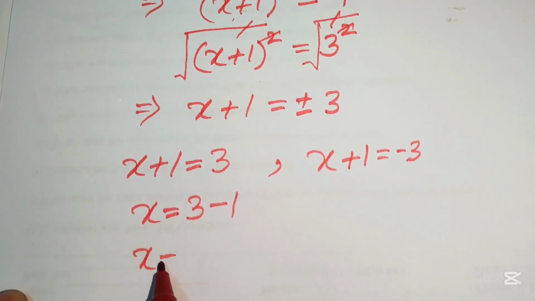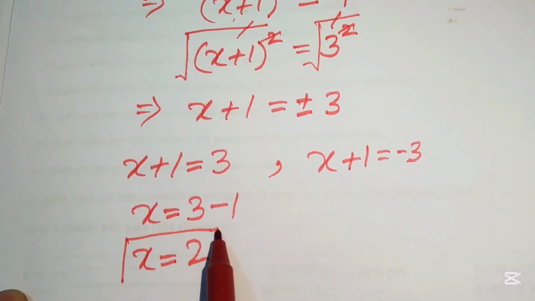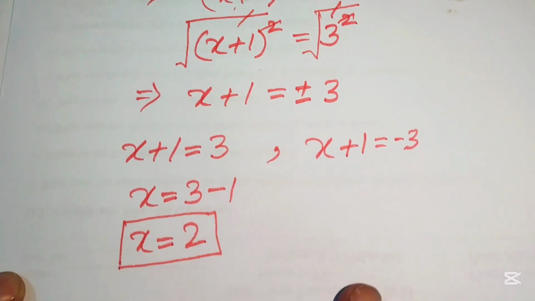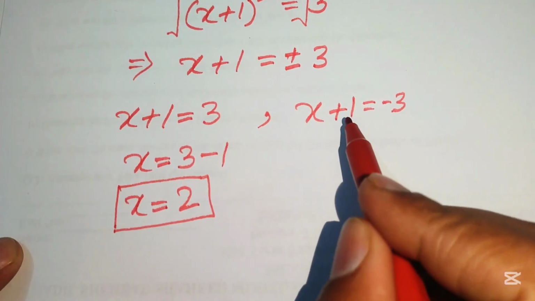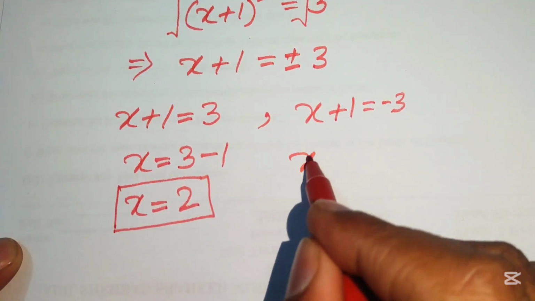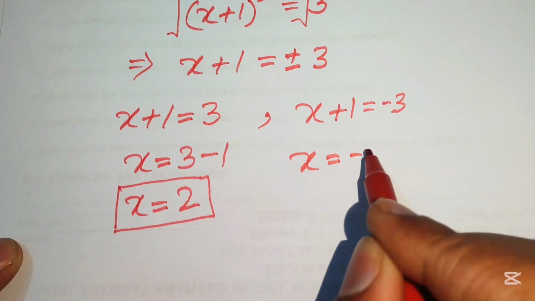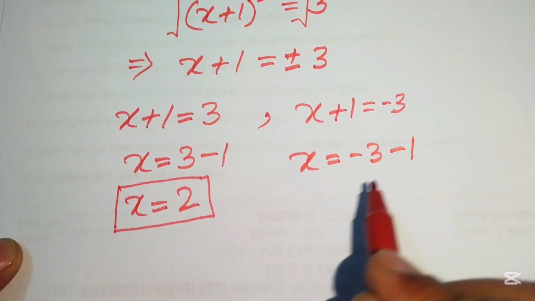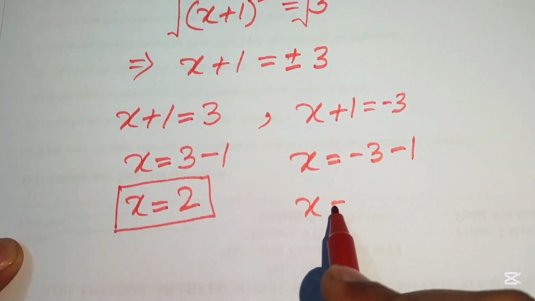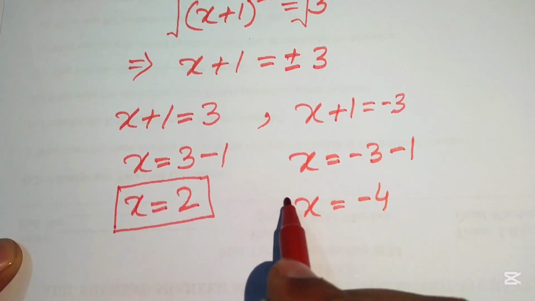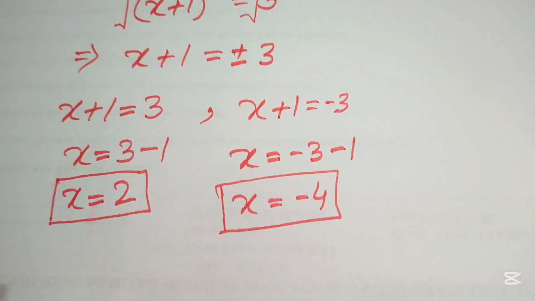So we get x equals 3 minus 1, which becomes 2. This is the first value of x in this problem. Similarly, we move this plus 1 to the right hand side and it will be written as x equals minus 3 minus 1. So you get x equals minus 4. So we have these two values of x.